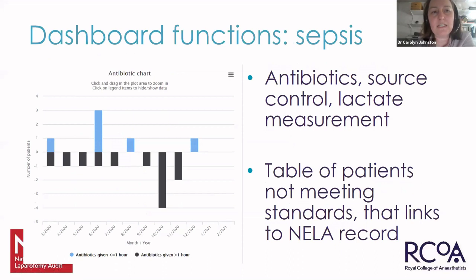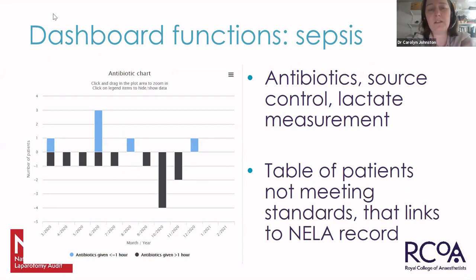And then lastly, for me, the other bit of new functionality we have is around sepsis. So we know this is a standard of care that people find it very difficult to report against and very difficult to meet. So there is a sepsis tab on the dashboard now where you can look at that. That tab gives you whether the patients had antibiotics within an hour or not, the time it took them to get to theatre, which is an analogy of source control for a lot of patients, and whether they've had their lactate measurements.